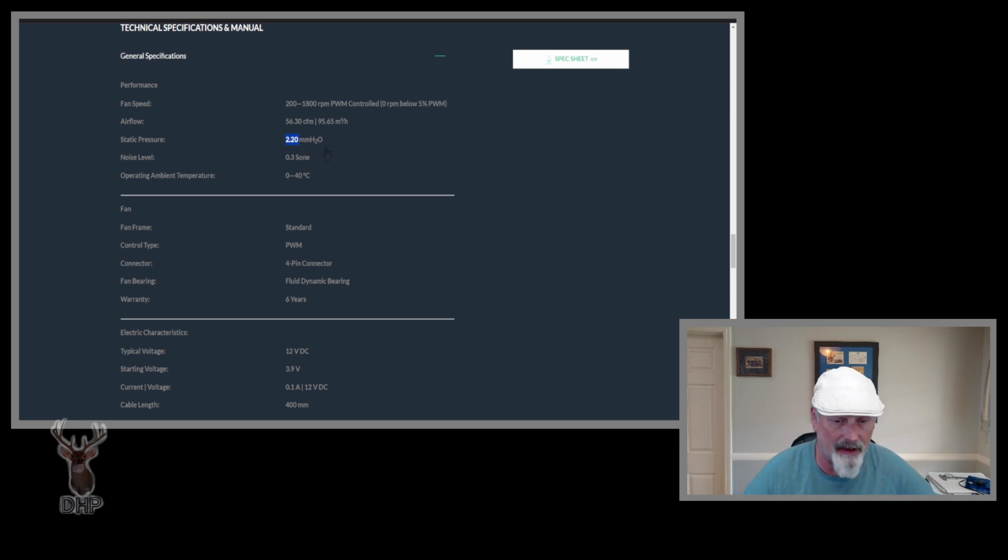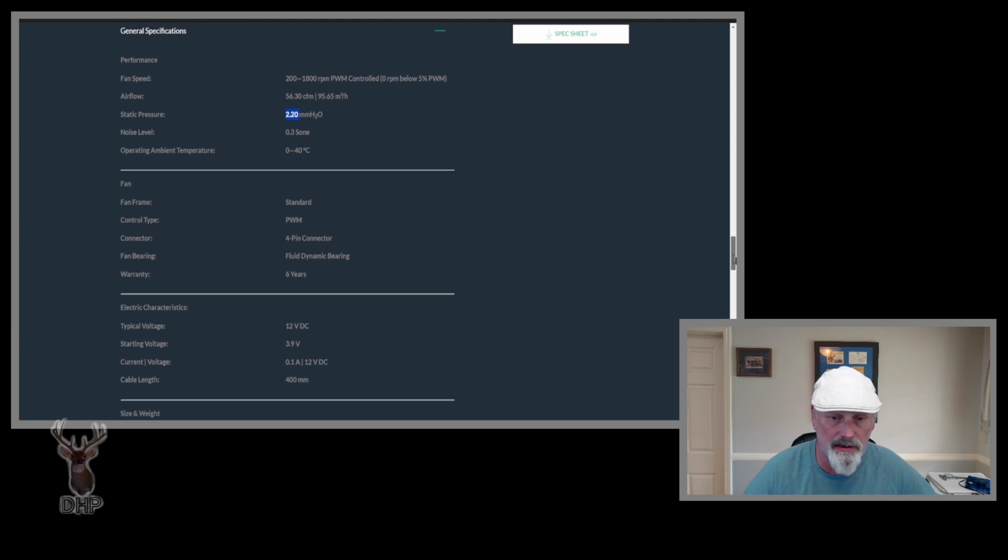It's 0.3 sone, which is pretty quiet. If you're not used to sone, it's just a way to refer to the noise it makes. But it will actually go 0 RPM below 5% PWM.